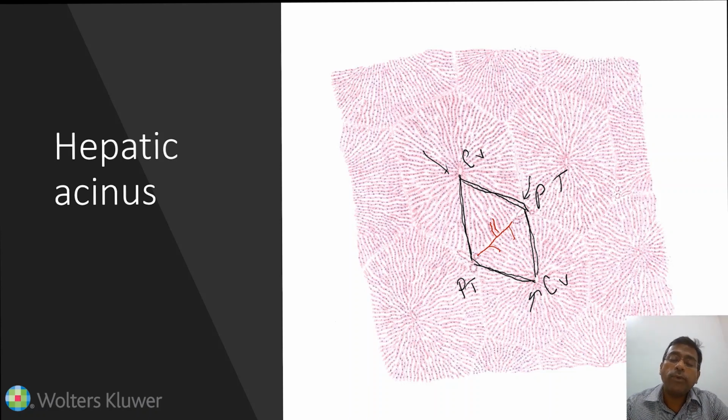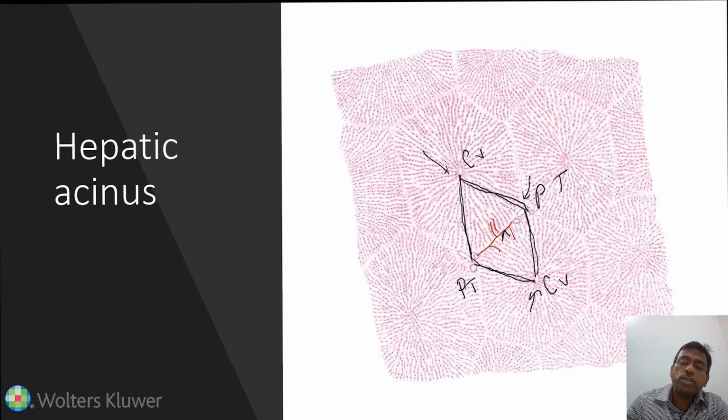So obviously the hepatocytes close to this blood vessel will have more access to the oxygen present in the blood compared to the hepatocytes which are a little away from the blood vessel.